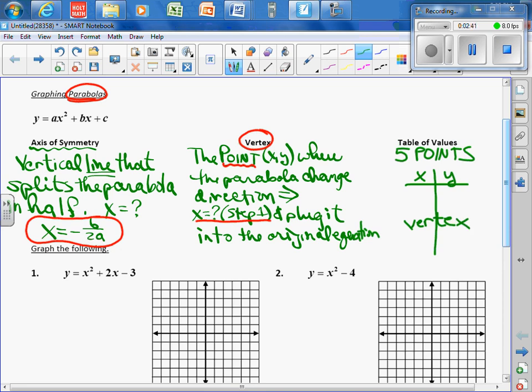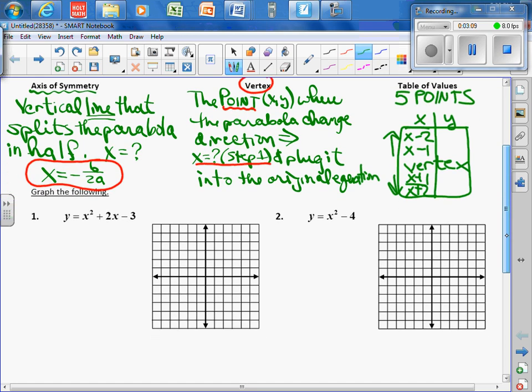And then I'm going to have 2 numbers on this side of x and 2 numbers on this side of x. So basically what I'm going to do here, not every time, but usually, is go x minus 1, x minus 2, x plus 1, x plus 2. And I'll show you what I mean by that in just a few minutes as to exactly how we come up with our numbers for x. After we do that, we can come up with these numbers for y. We'll have our table, and we'll be able to draw the parabola.